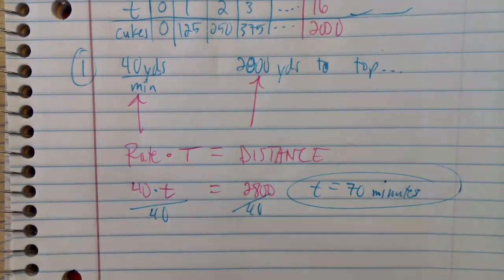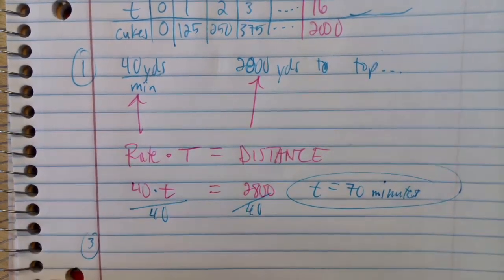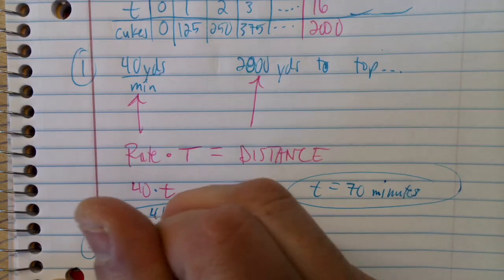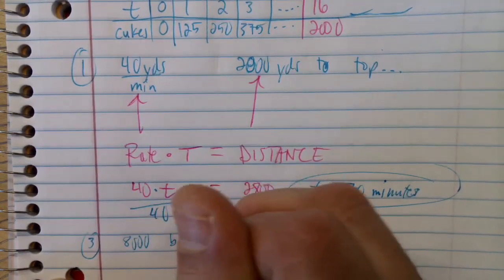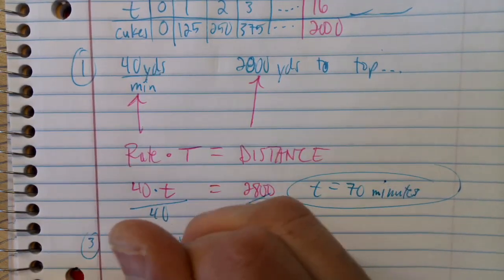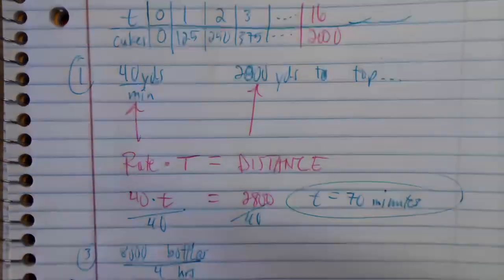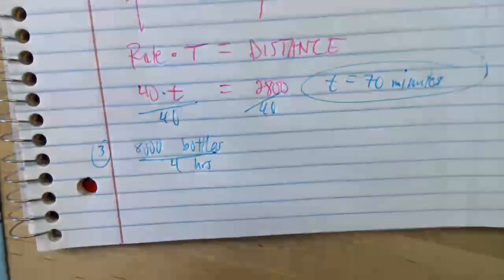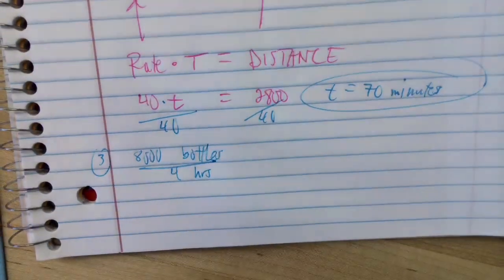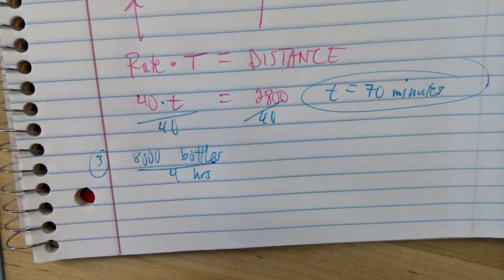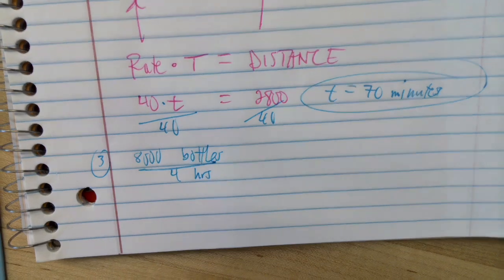Okay. Number 3 is almost identical. The machine bottled 8,000 bottles in 4 hours. Okay, what is that called? 8,000 bottles in 4 hours? A rate.